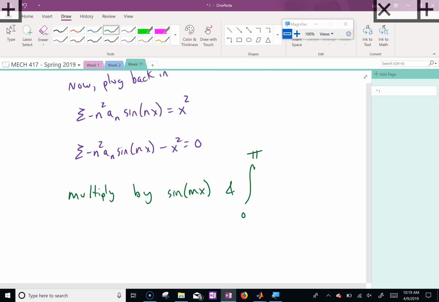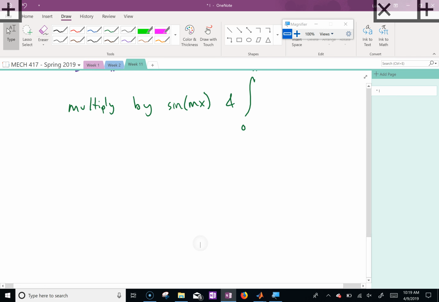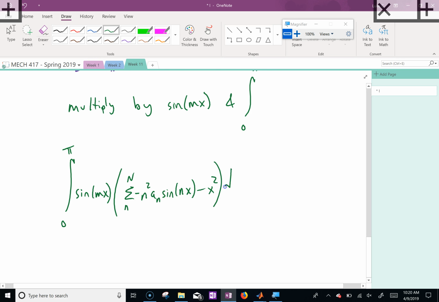So what we have is this: the integral from 0 to pi of sine of mx times the parenthesis summation of big N, little n, negative n squared an sine of nx minus x squared dx.